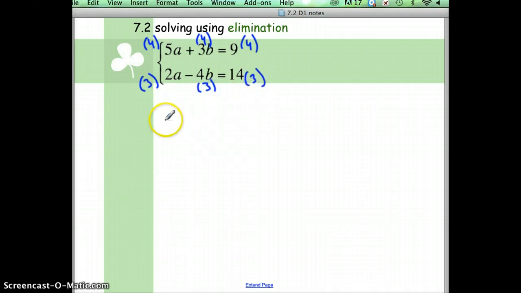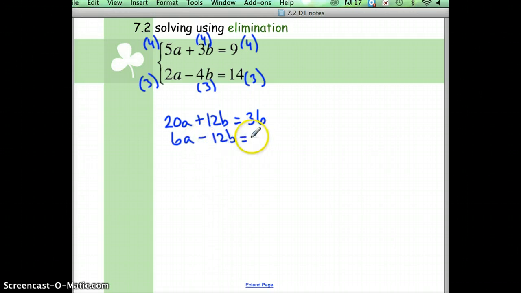So now my top equation would be 20a plus 12b equals 36. My bottom equation would be 6a minus 12b equals 42.